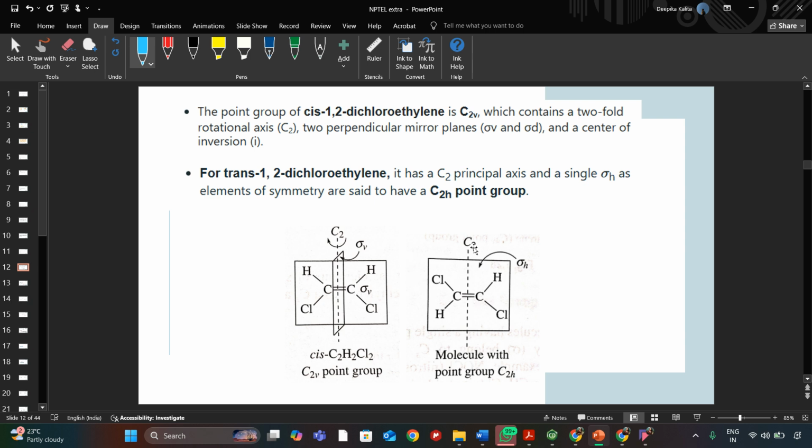Now the plane on which the molecule is present will be a sigma H plane that is going to contain all the atoms of the molecule, and the axis of symmetry is going to be perpendicular to that plane.